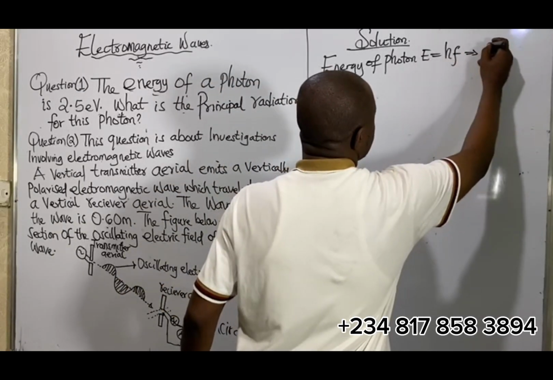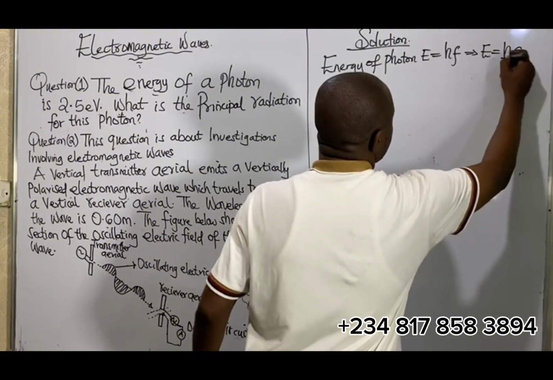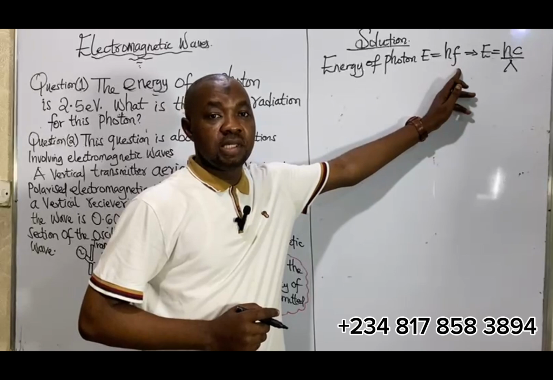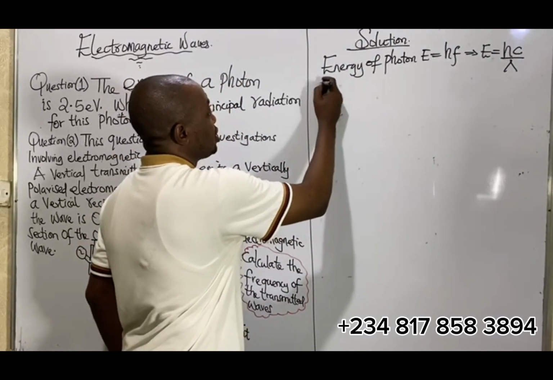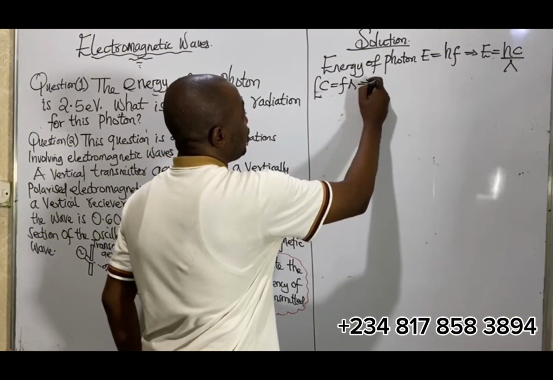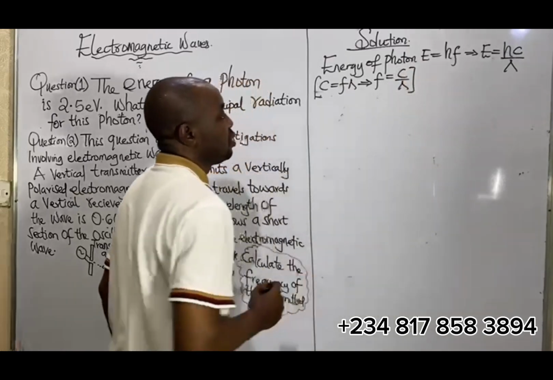We can write this again as E equals hc over lambda, because we know that c equals f lambda, so frequency is c over lambda. This is very important.